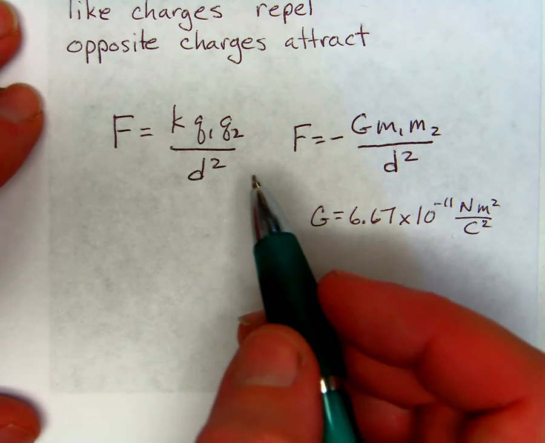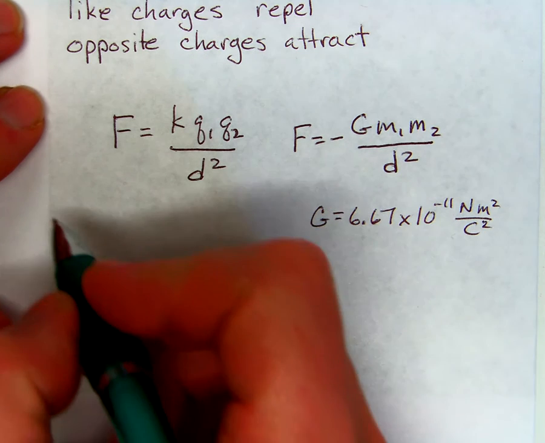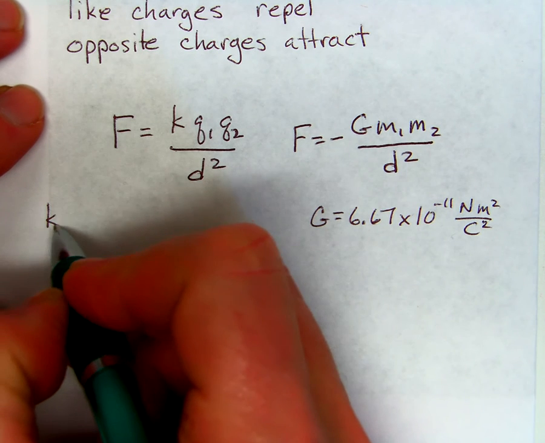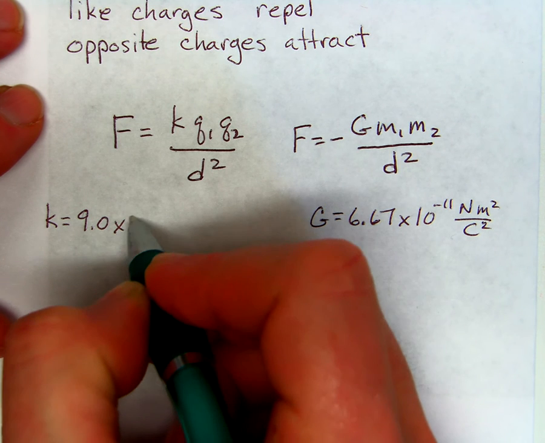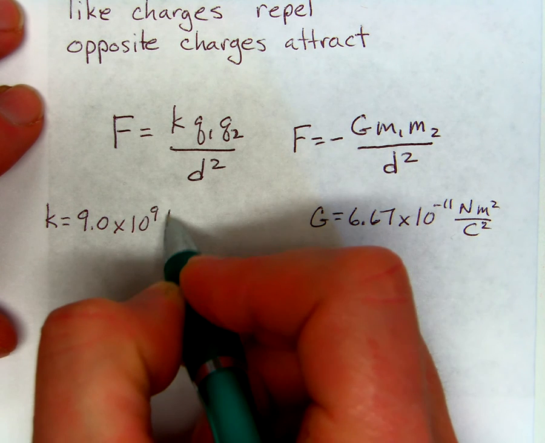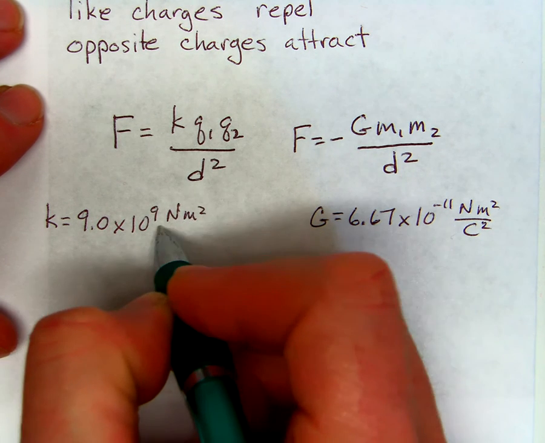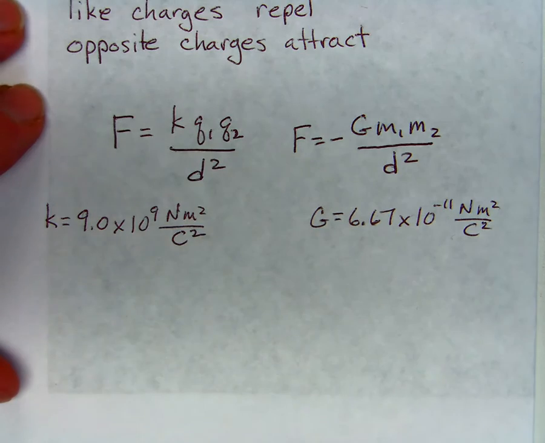Now with our electrostatic force, our value of k is going to be 9.0 times 10 to the 9th newton meter squared per coulomb squared.